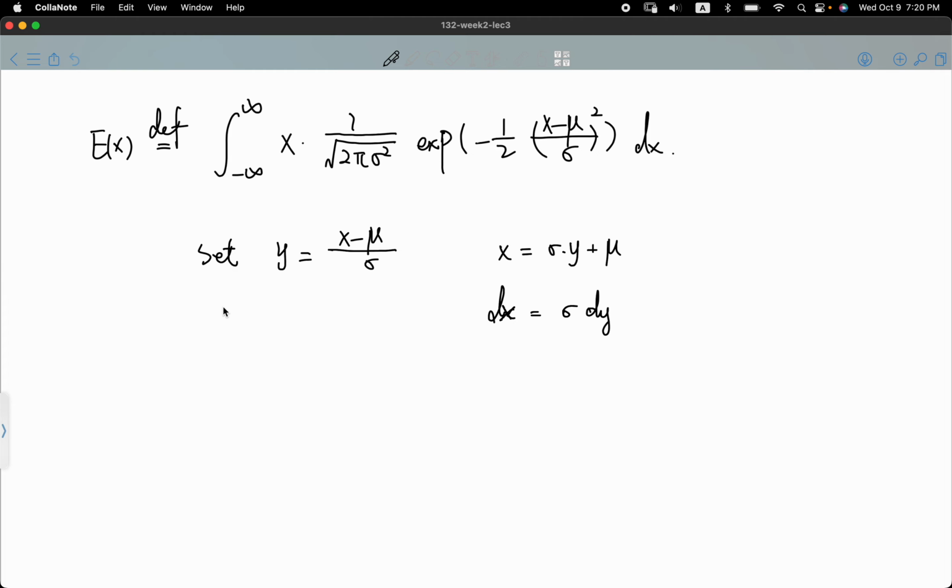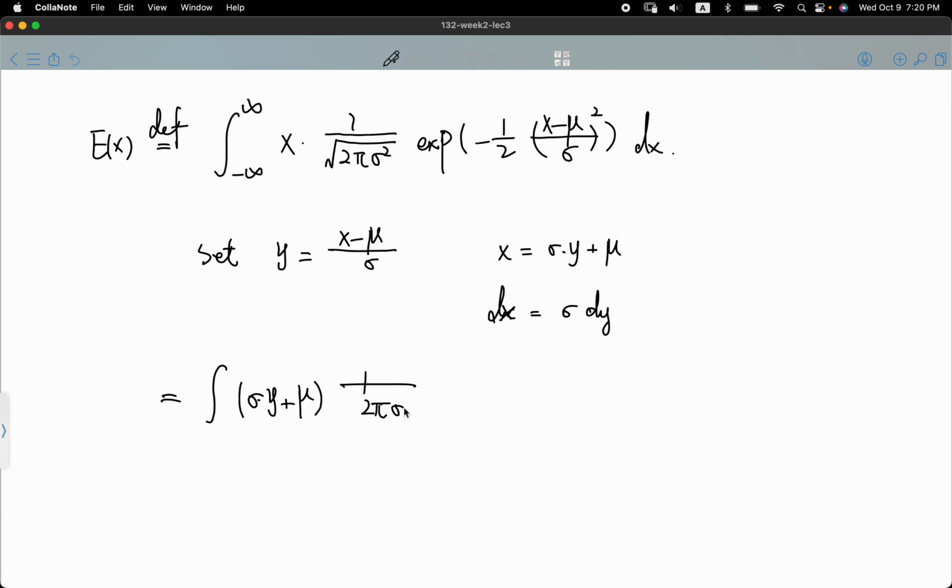Okay, so now let's replace the components here. We will have sigma multiplied by y plus mu for the x.